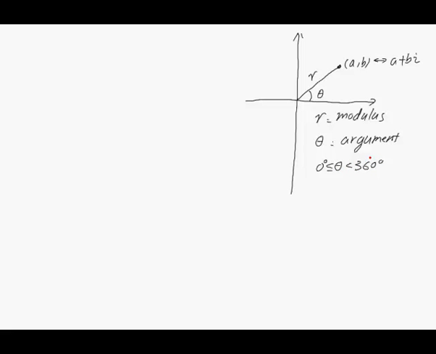But actually, you can take another angle. If you add a multiple of 2 pi or a multiple of 360 degrees to an angle, you get another argument. So the argument is not unique.